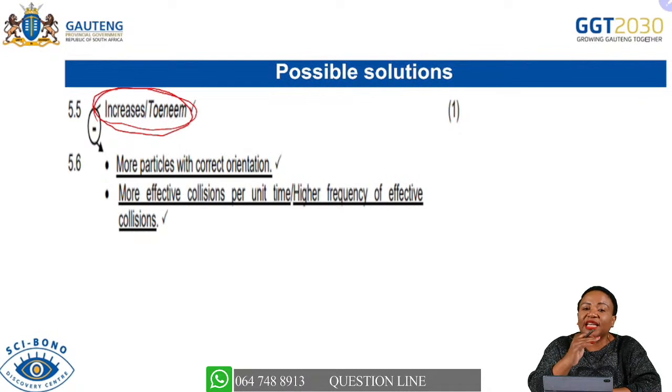So when we change the purity of calcium carbonate, we also increase the reaction rate, because there will be more particles with the correct orientation, and more effective collisions per unit time.